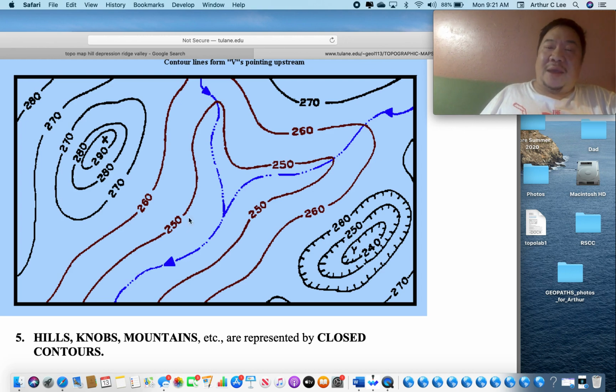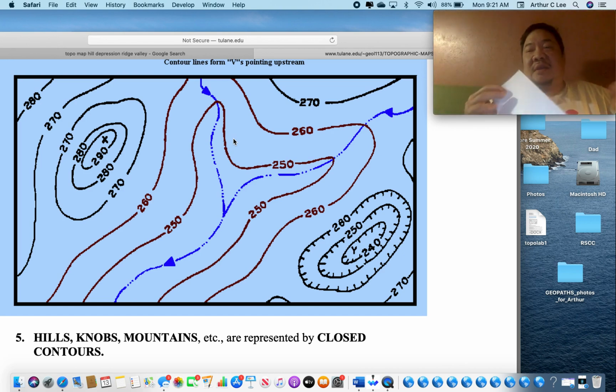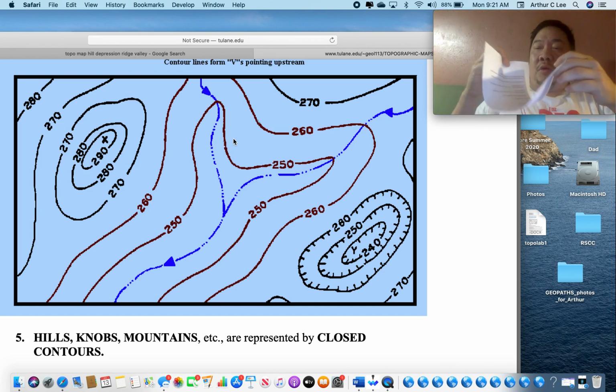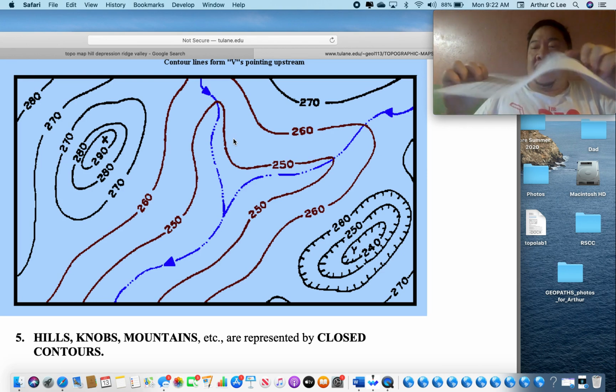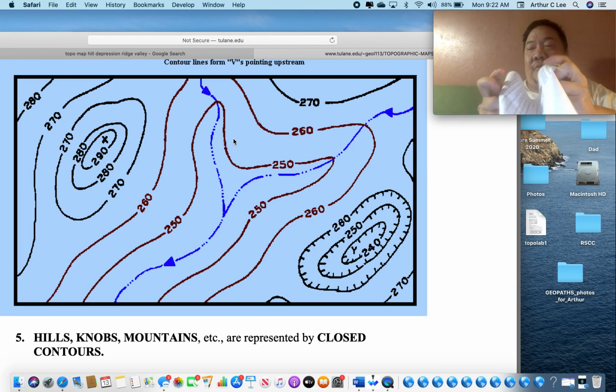In between valleys is always a ridge. So this would be a ridge. Think of it like this: water is going to flow through a valley, but on both sides of a valley, you're going to have a ridge, high ground.